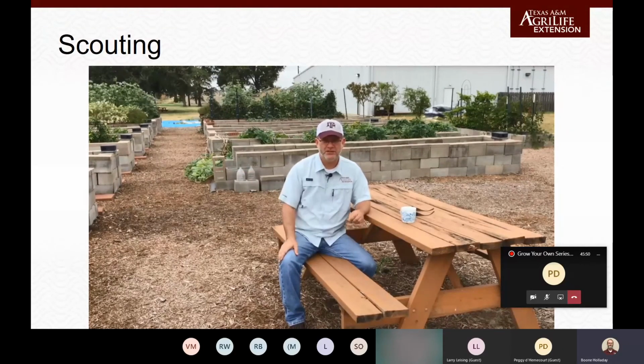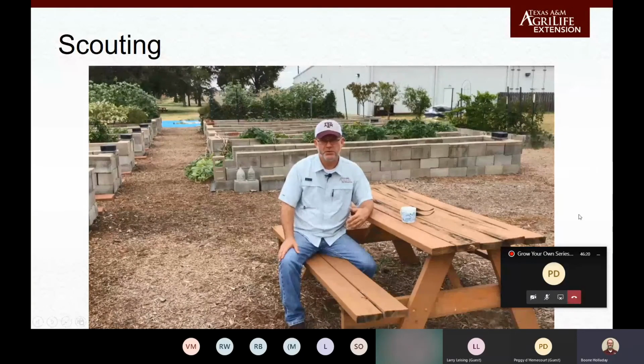If we can scout these gardens regularly and catch these problems before they get out of control, we can usually address them with either mechanical or cultural or biological practices to get it taken care of, and so that our plants can grow back out of that early stress and continue to mature, flowering, fruiting, and giving us the harvest that basically is the reason that we're doing all this.